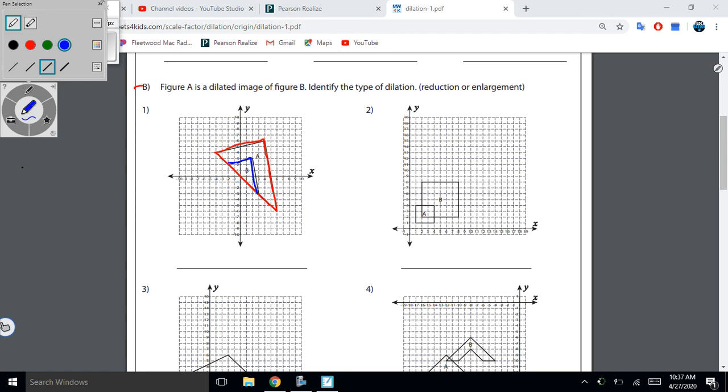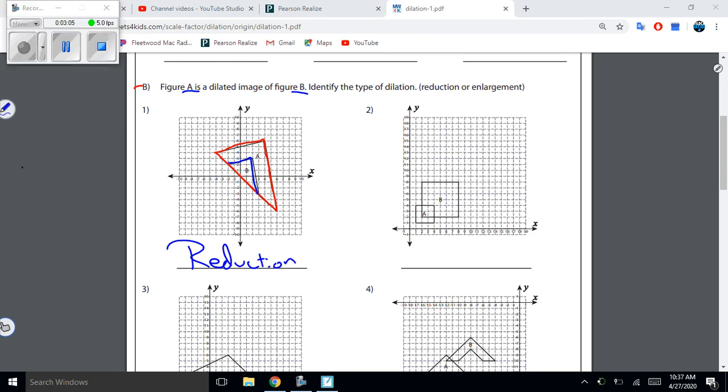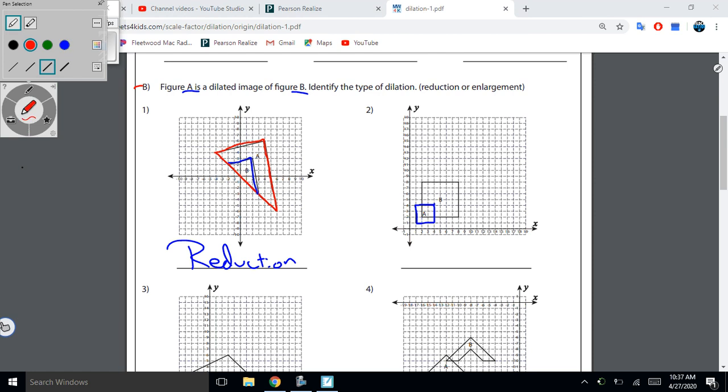So obviously, if we're going from A to B, this would be an example of a reduction. And in this particular case, just to show you something different, here is A, and B is looking like this. So this is an example of an enlargement.